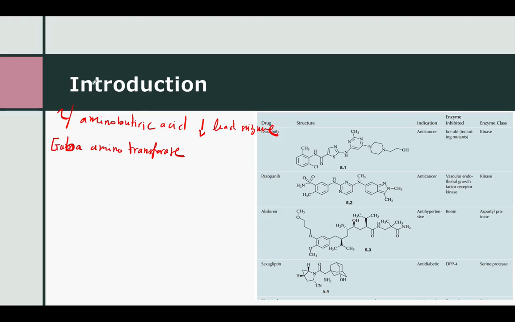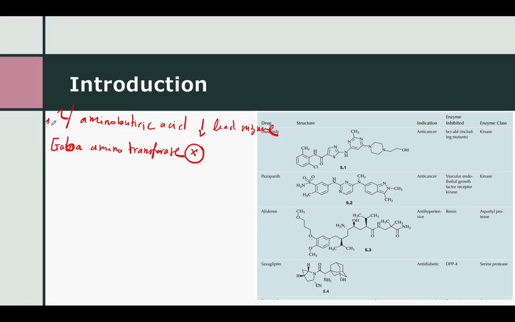So if you have decreased levels of gamma aminobutyric acid that lead to seizure, one of the ways to treat seizure and give an anticonvulsant effect is to inhibit the activity of GABA aminotransferase. So that's one reason why you want to inhibit an enzyme.